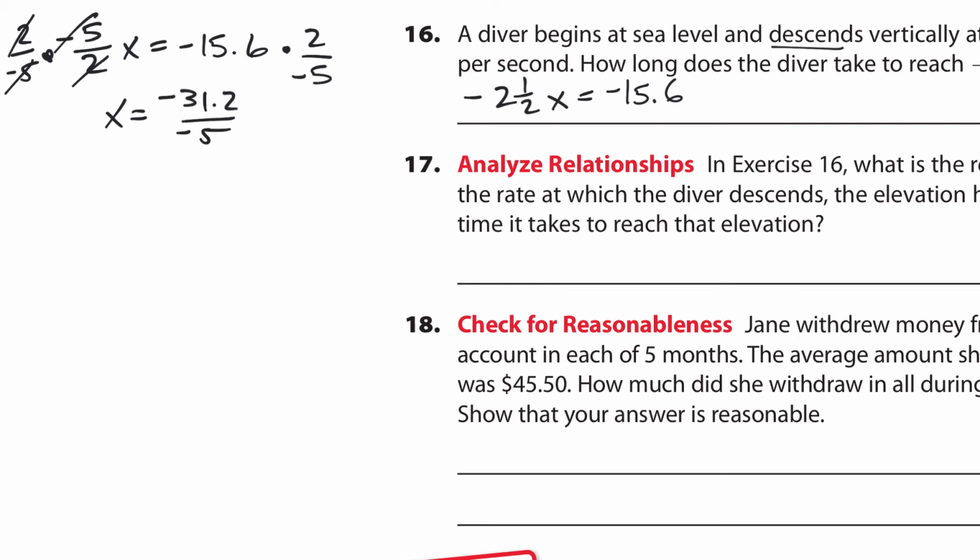I have a little calculator over here. I'm just going to check myself. So 31.2 divided by 5 is 6.24. Negative divided by negative is positive, so it ends up being 6.24 seconds.